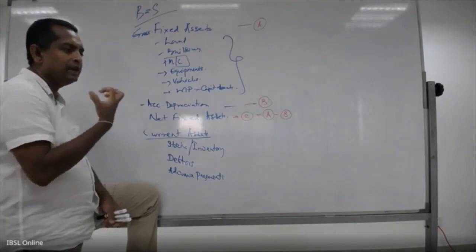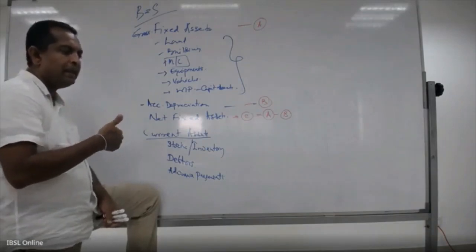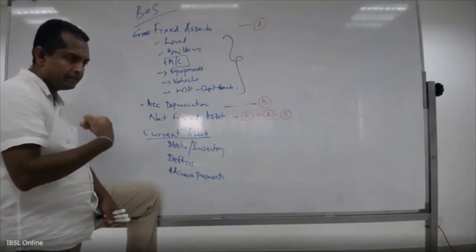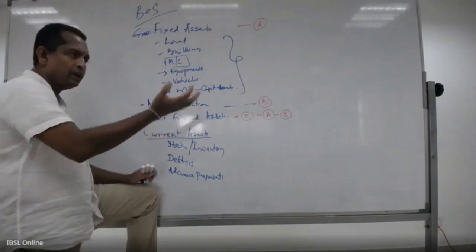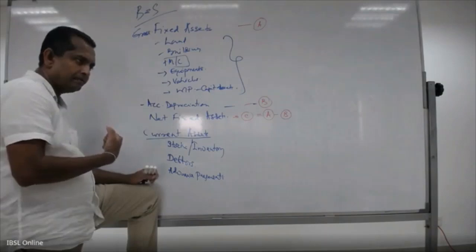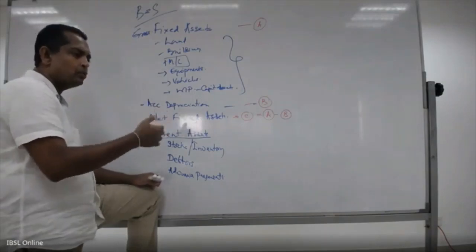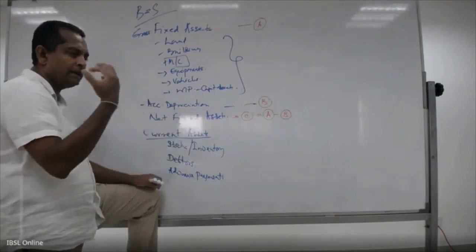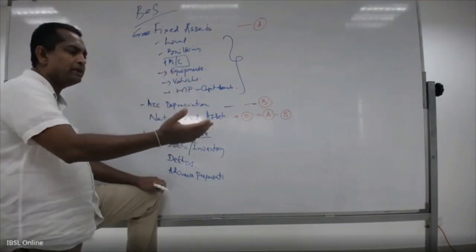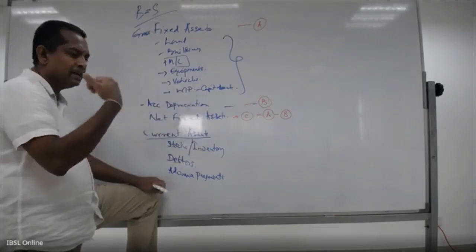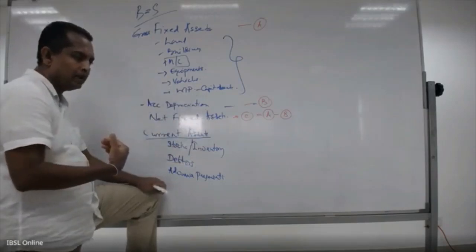I can sell my inventory and collect money. I have given on credit, so I can collect that money. I have given money out to directors or employees, I can collect that money. I have made some advance payment for suppliers, I can get that money collected.